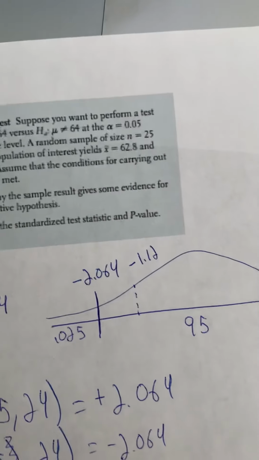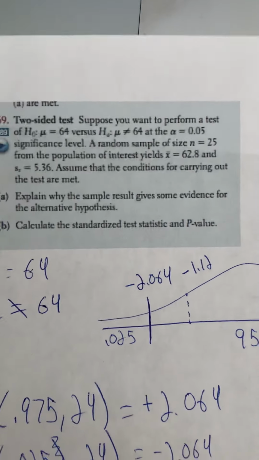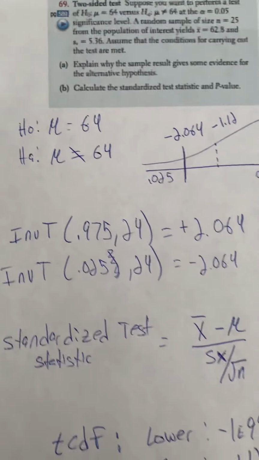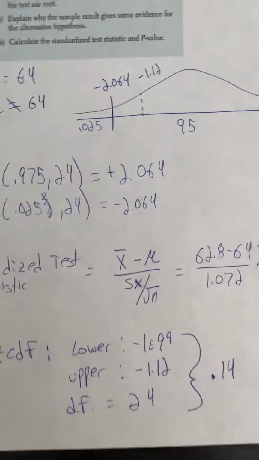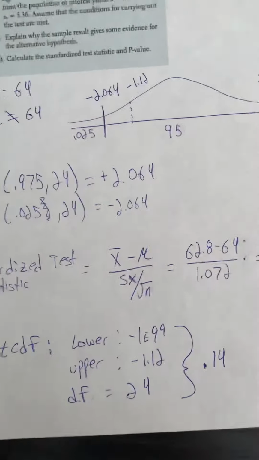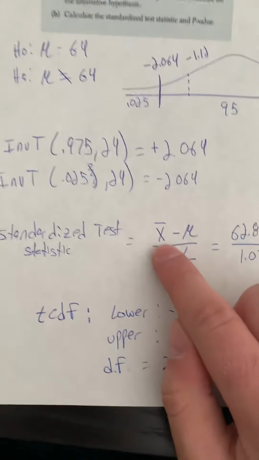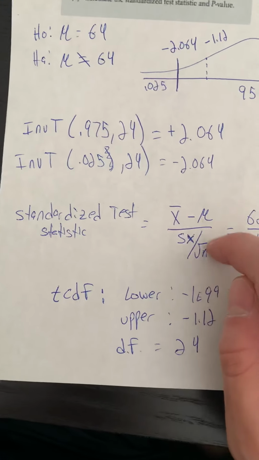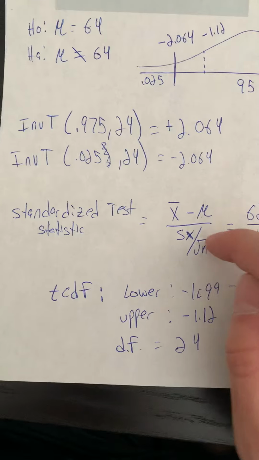Now what our goal is to see just how far away these sample results fall from what is being claimed about the population, okay? So in order to calculate that test statistic, I have to get our sample results minus what is being claimed divided by the standard error of the sampling distribution.